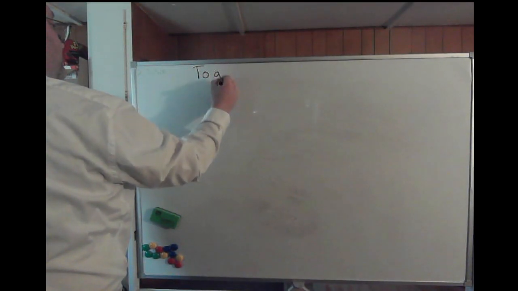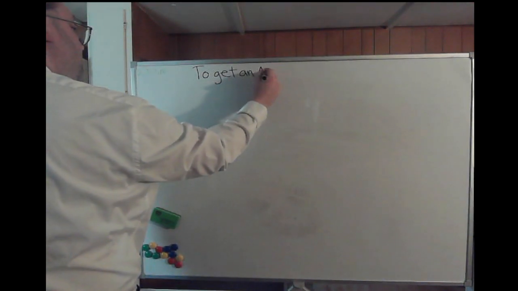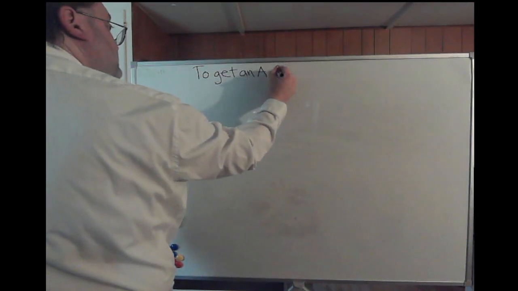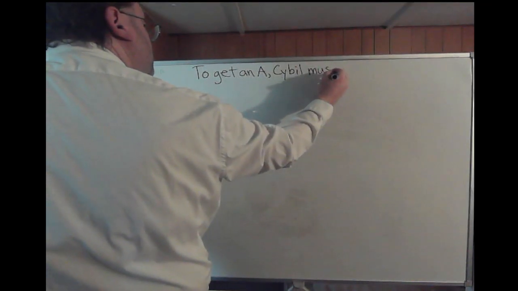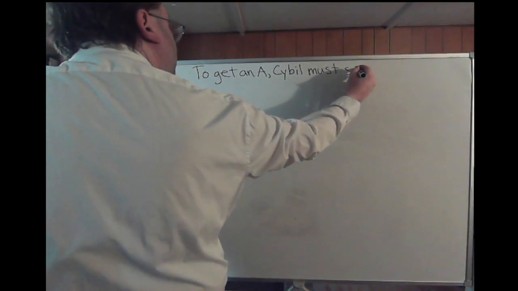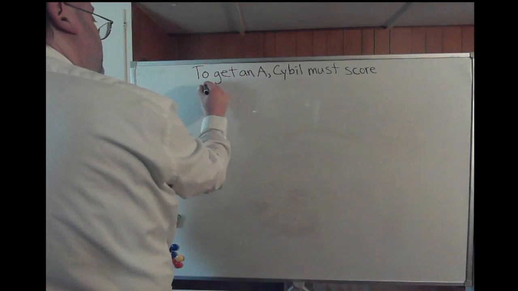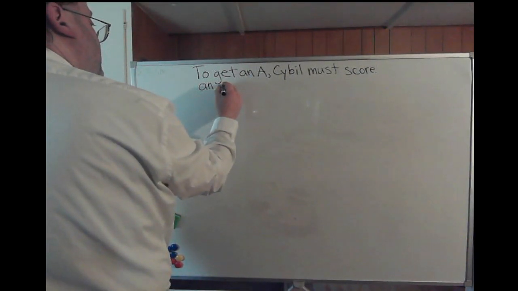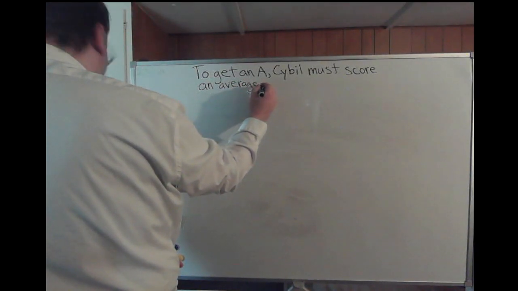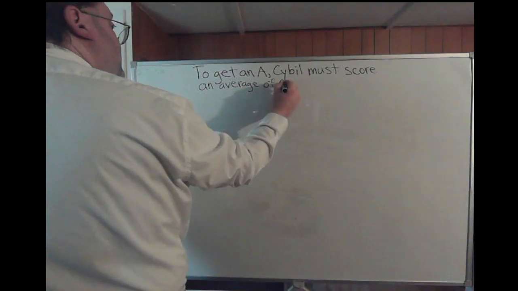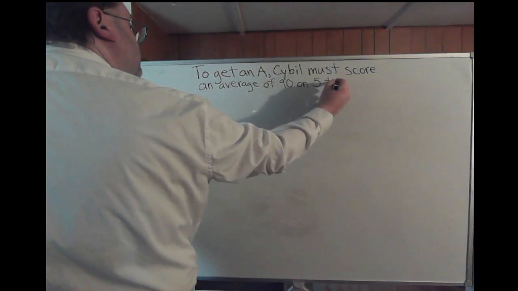To get an A, Sybil must score an average of 90 on 5 tests.